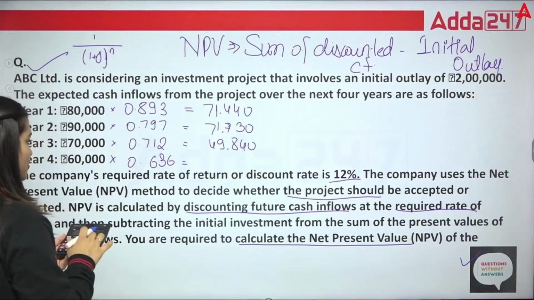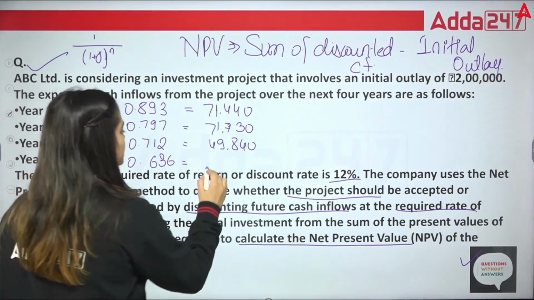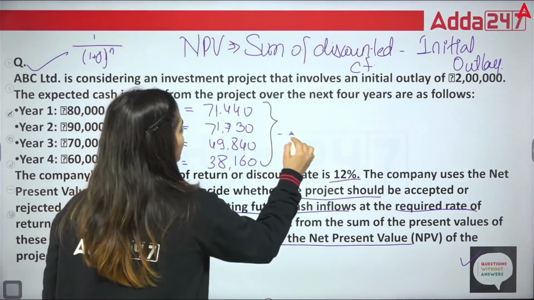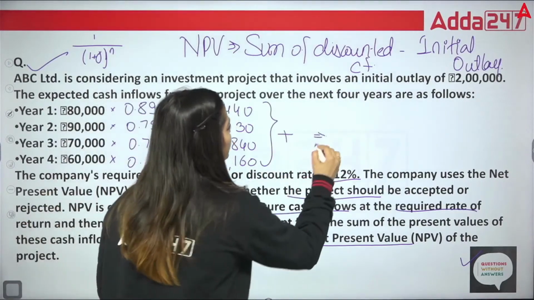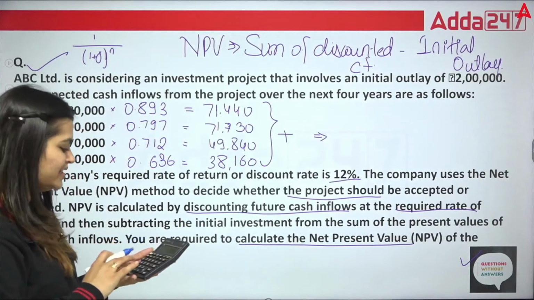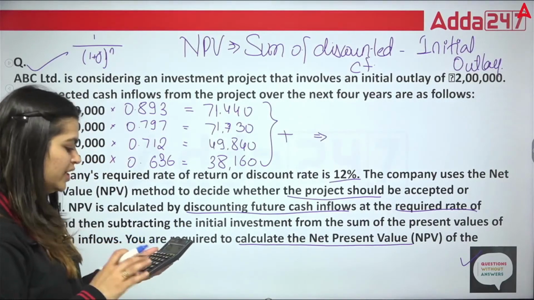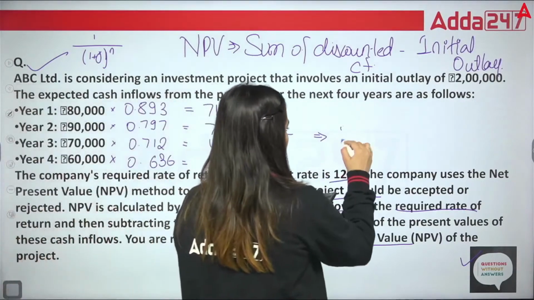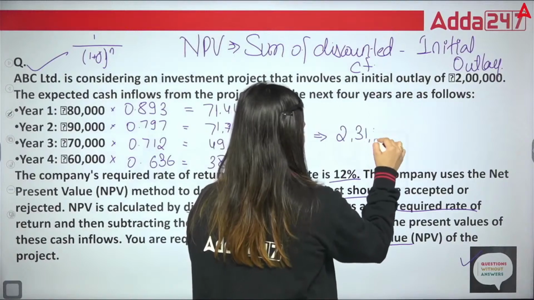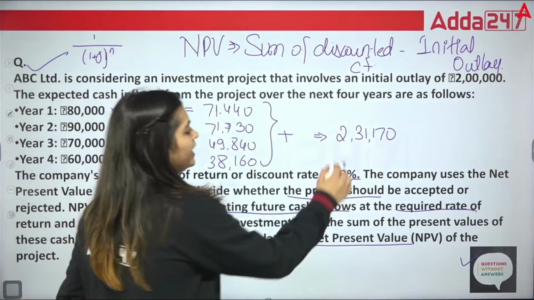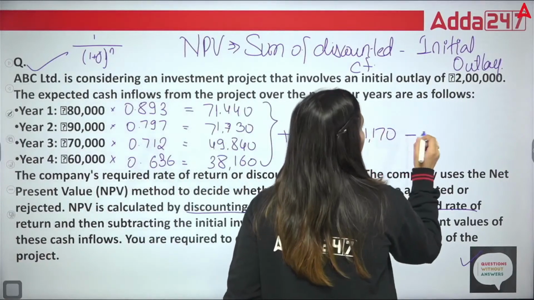For 60,000 into 0.636, that is 38,160. So if you add all these cash flows, what is the amount that you are going to get? 71,440 plus 71,730 plus 49,840 plus 38,160. So the total amount is 2,31,170. Correct?